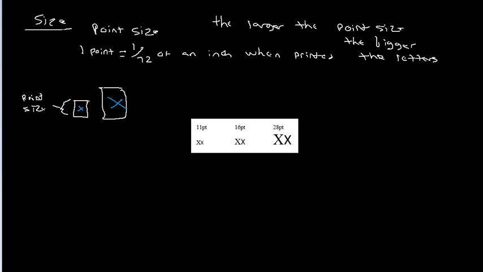So what I've done here in this illustrative diagram is I actually have 3 different point sizes or font sizes. I have 11, 16, and 28. And what you'll notice is that as we increase the point size, the letters get bigger.